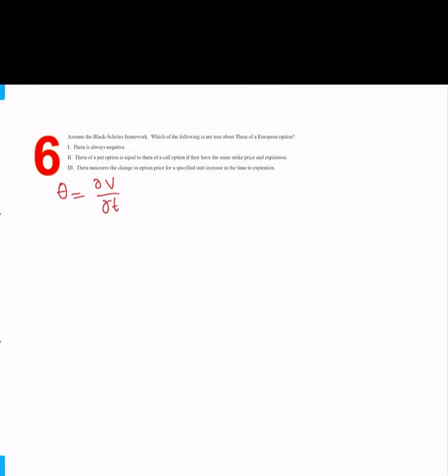The second statement: theta of a put option is equal to theta of a call option if they have the same strike price and expiration date. Theta measures the change in the option price for a specified unit increase in the time to expiration.